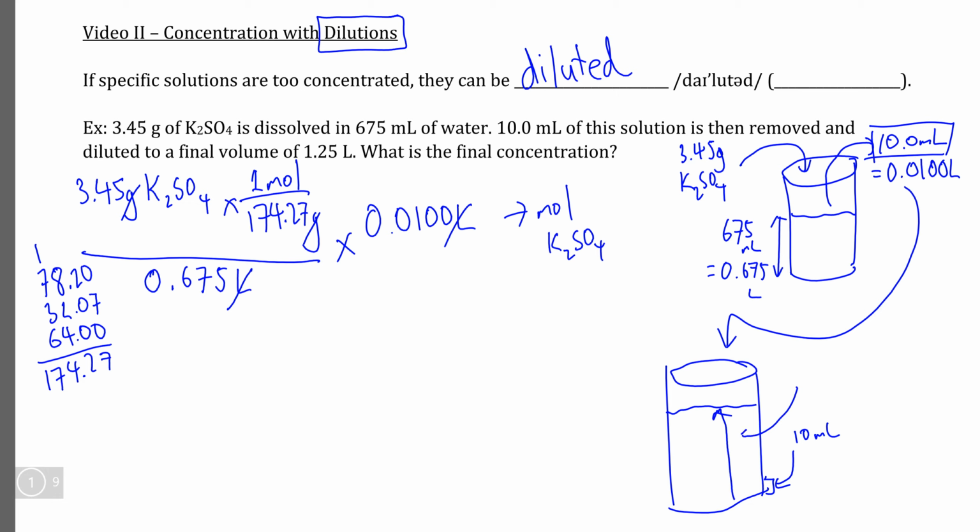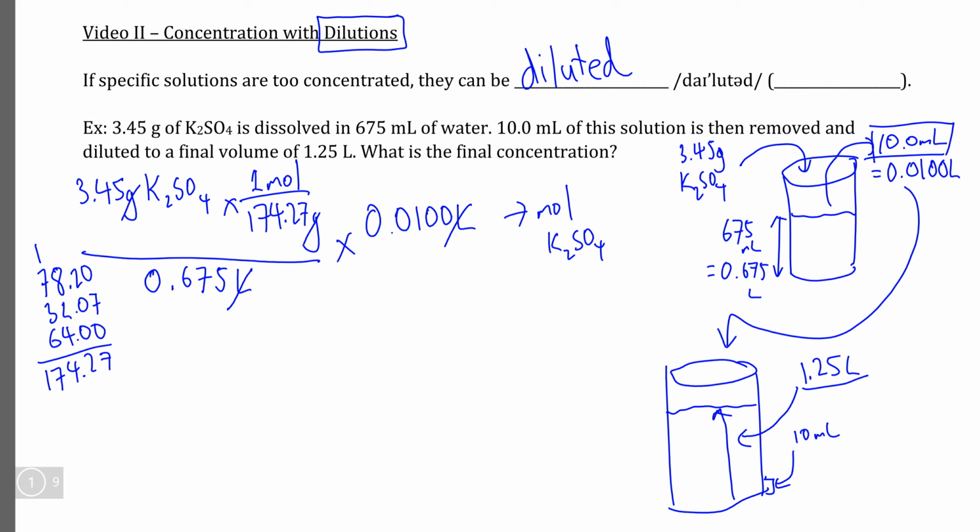So here we're going to add more water so that the final volume of our new solution is 1.25 liters, which means all that we need to do is calculate the number of moles of K2SO4 that are dissolved within this, and then divide by our final volume, which is 1.25 liters.